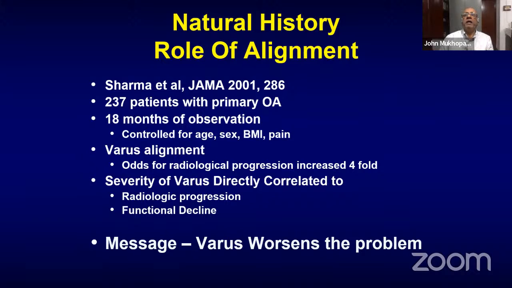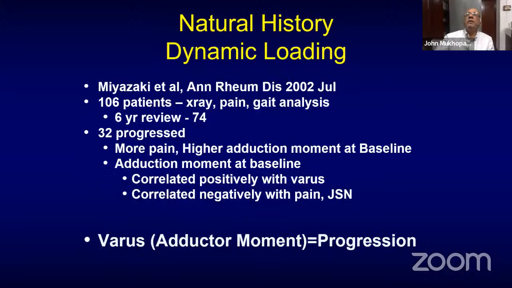The study by Sharma et al. showed that if you had a varus alignment, the odds for radiological progression increased fourfold, and this was directly correlated with the severity of the varus, and this correlated with the radiological progression and the functional decline. So the message was that varus worsens the problem.